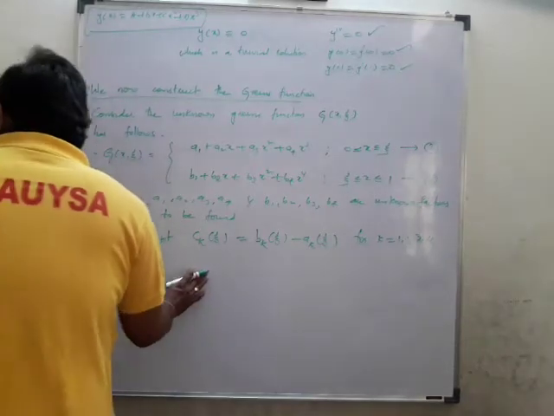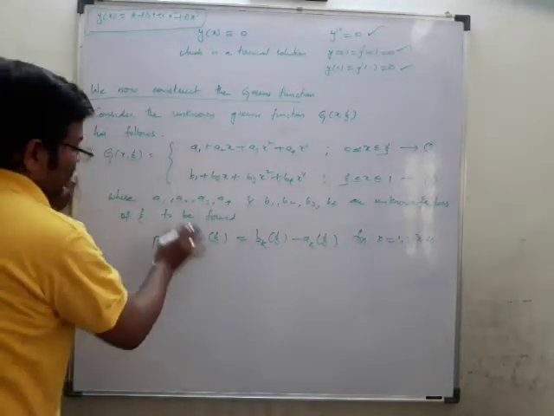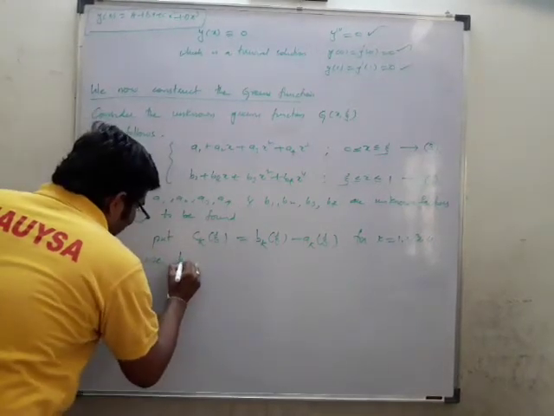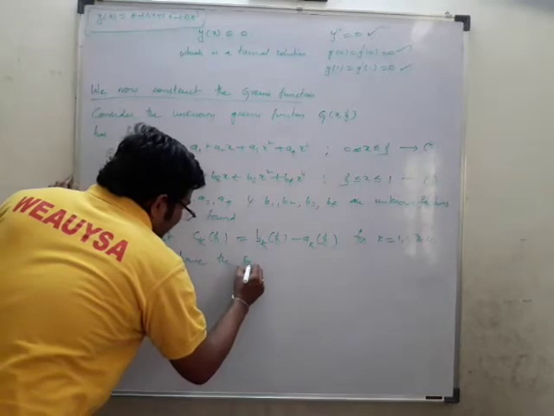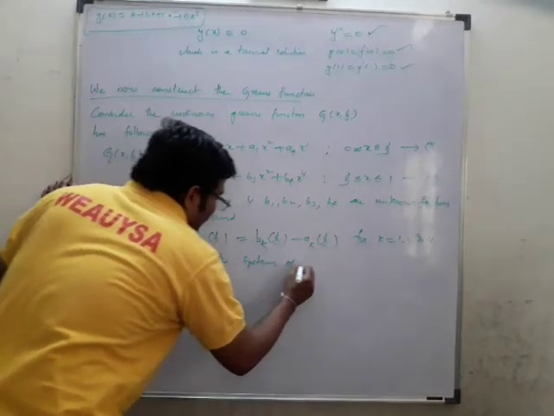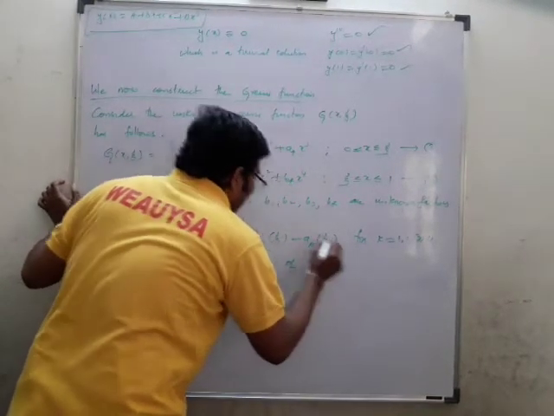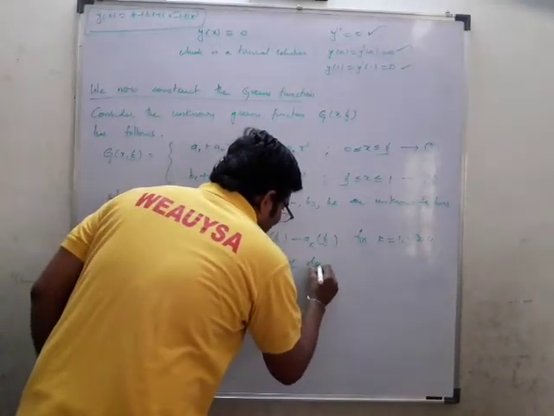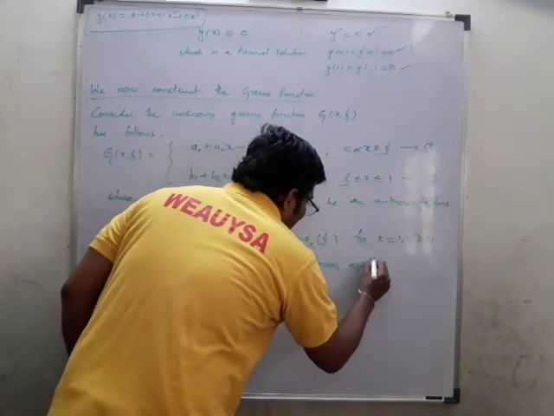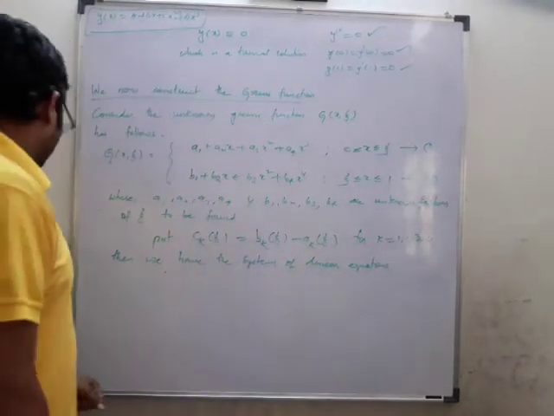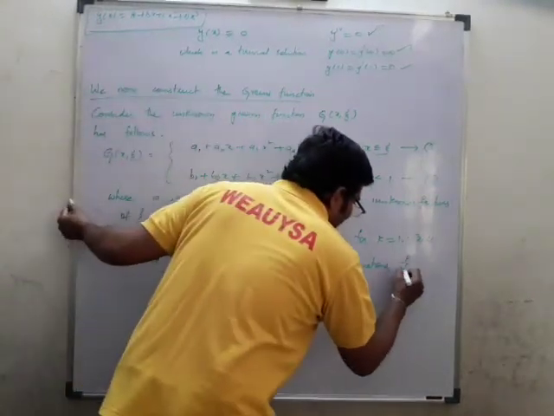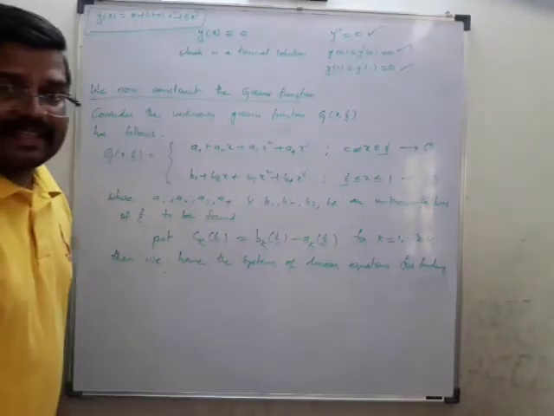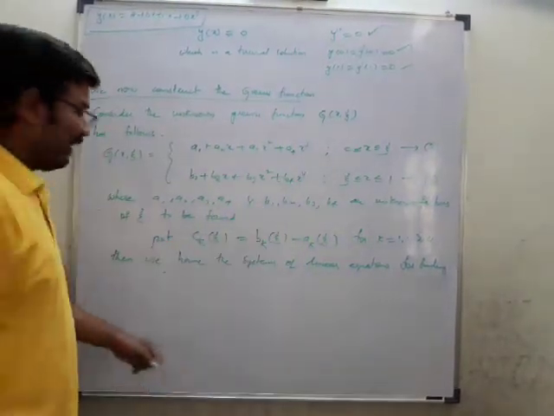Before that we get a system of linear equations for finding the values of c1, c2 and so on, so that we will get bk and ak.